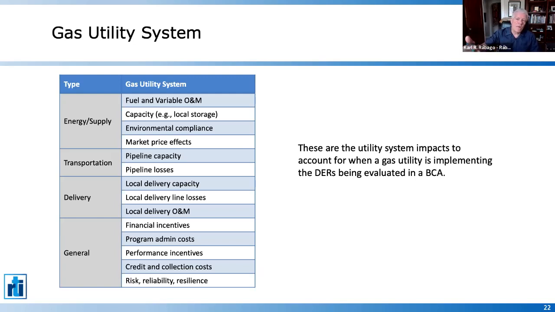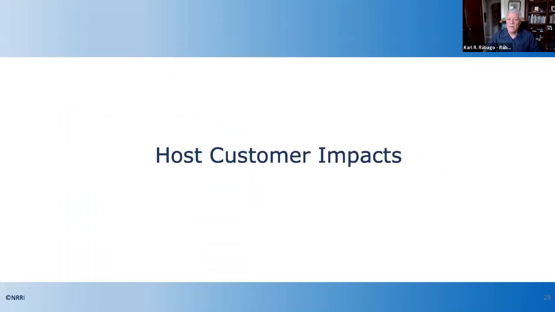So we've broken out the gas utility system impacts, where we're talking about a gas utility that might be looking at implementing a gas efficiency program, for example, or a leak control program, where we can analyze these benefits according to, again, a comprehensive set of impacts.